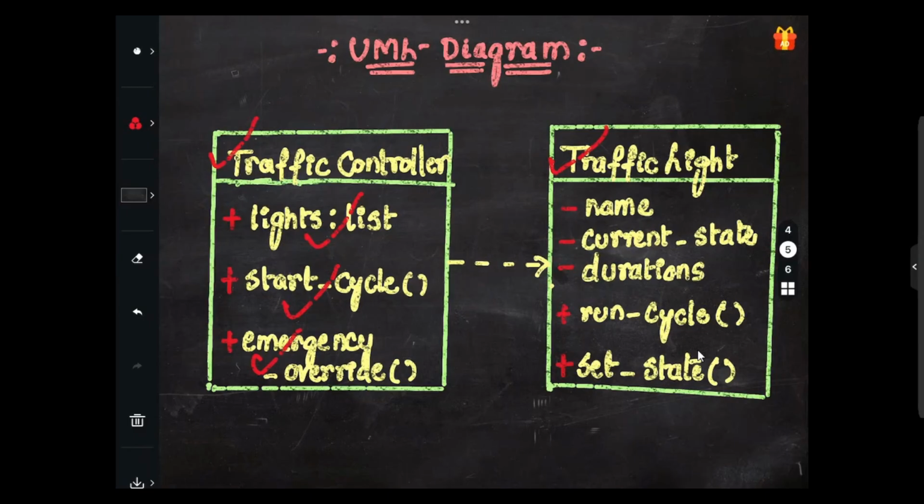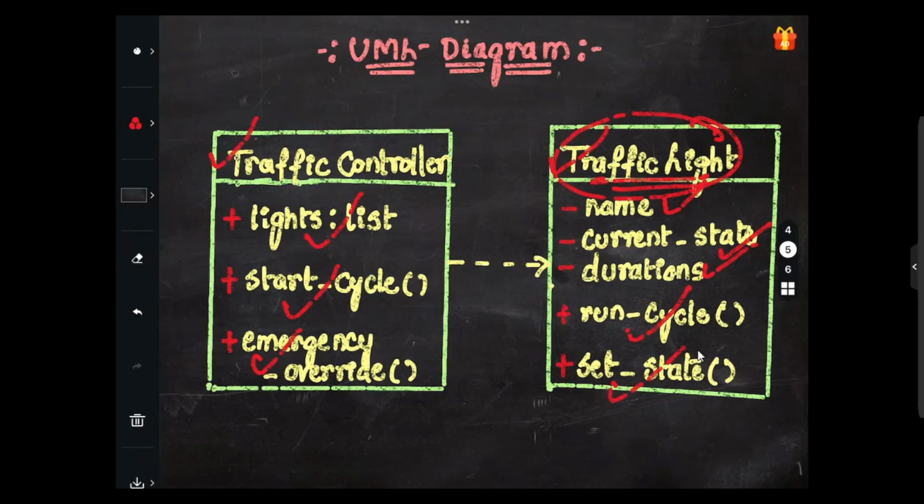So this is fine. Next, within the traffic light class, this is also one of the main classes, here we'll be going with the name, current state as well as the durations parameter. Along with it, we'll be going with two helper methods. One is run cycle and another one is set state helper method, or function, however you call it.